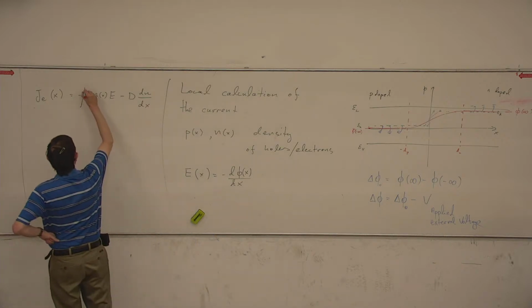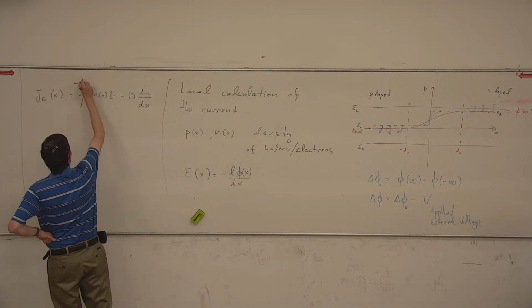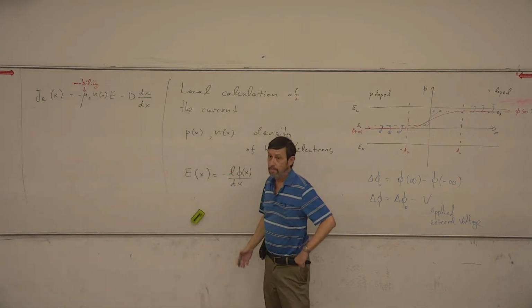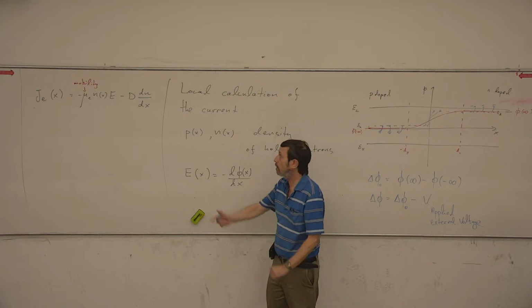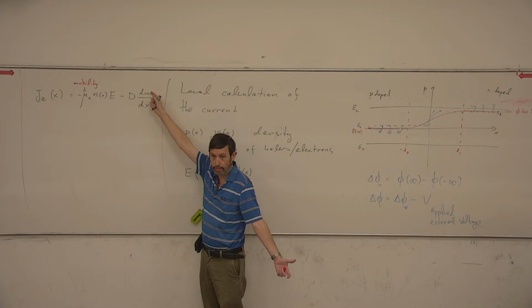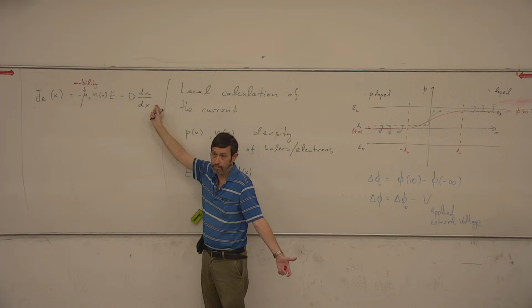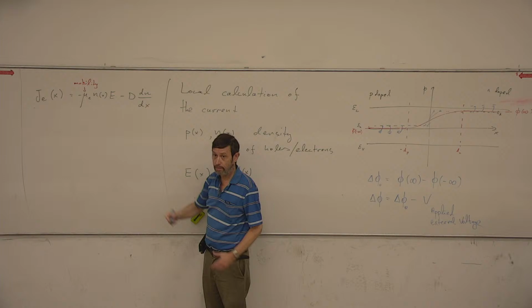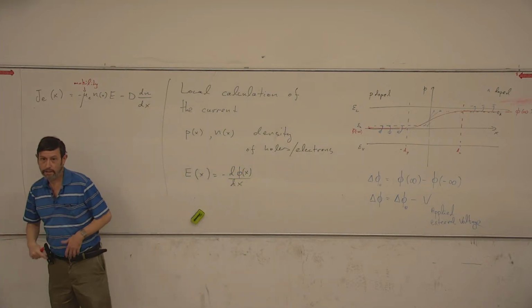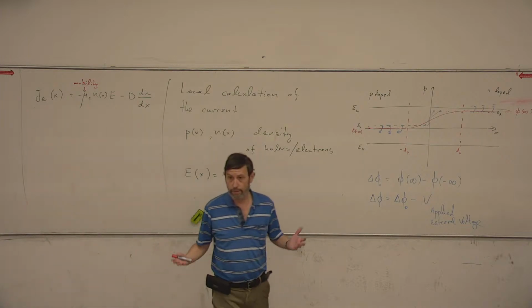So this is the mobility. That's one influence. But if I suddenly created some excess of electrons at a point, they'll diffuse from there. This is the second expression that we have here, and all of it is the current of the electrons at a given point.